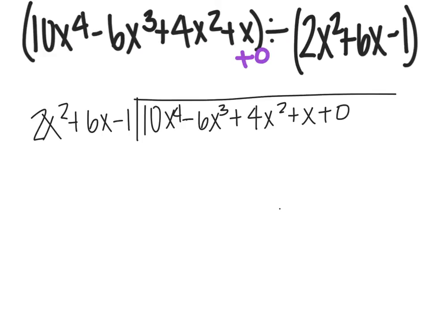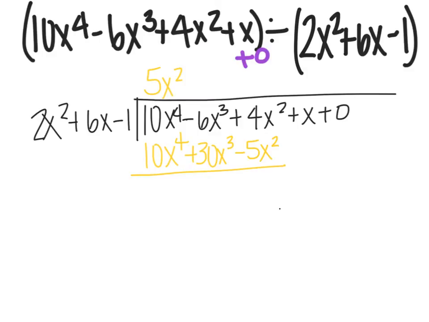So I've got to first figure out what times 2x squared gives me 10x to the fourth, and the answer to that question is going to be 5x squared, so that's what I'm going to end up multiplying by here. 5x squared times 2x squared is going to be 10x to the fourth, and then 5x squared times 6x is going to be positive 30x to the third, and 5x squared times 1 is going to be a negative 5x squared.